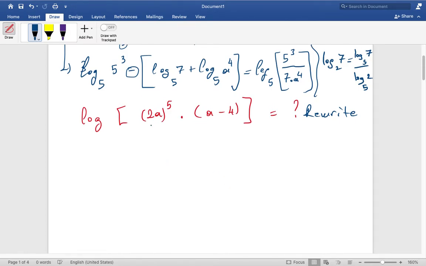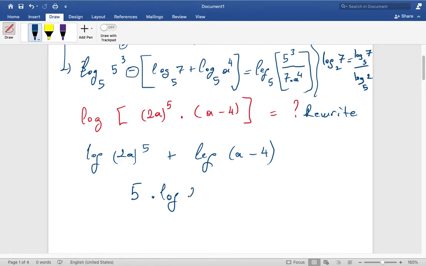So there is a multiplication. Whenever we have the multiplication, we can say that it is log of 2a to the power of 5 plus logarithm of a minus 4. And then this 5 may come in front: 5 times log 2a plus logarithm of a minus 4. That's it. If we wish, we may continue one more step. How?